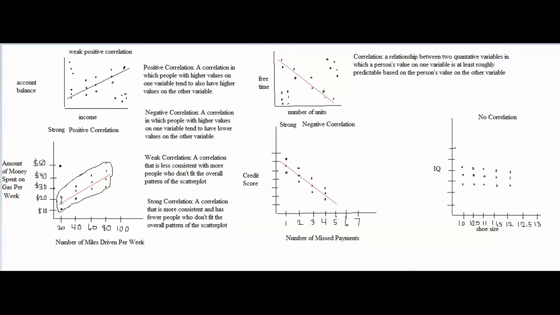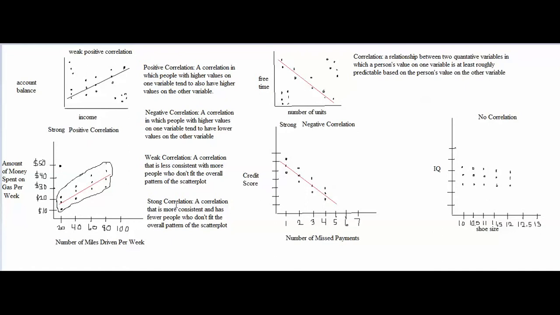So I said that if the dots closely hug this line, like they do here, then that's a strong correlation. And if they closely hug the line, like they do here, then that's also a strong correlation. I misspelled strong, but this is supposed to say strong correlation.